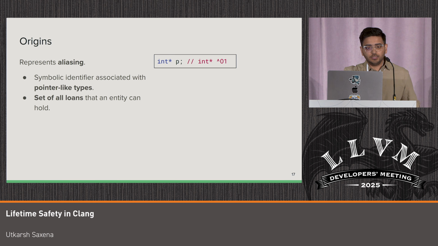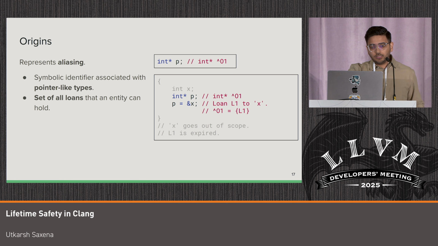And it represents the aliasing part of the analysis that we really cared about. Concretely speaking, this origin is a set of loans that an entity can hold. Think of it as all the possible sources of data a pointer refers to.